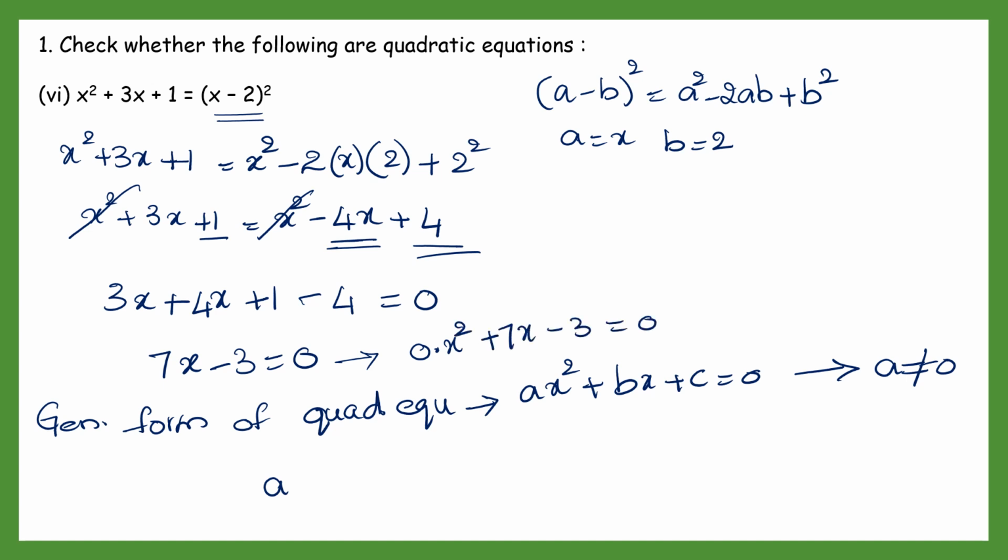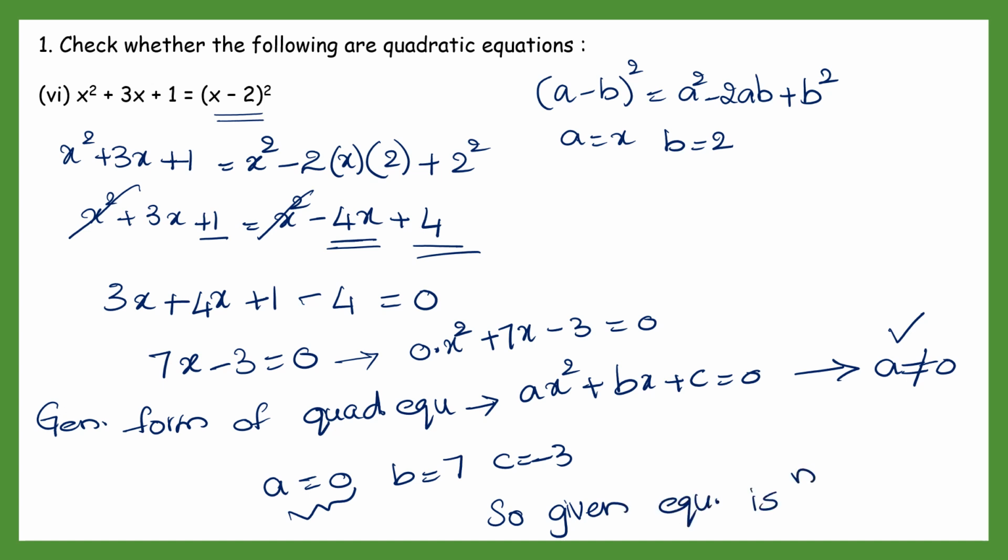This is our result. So you got a is equal to 0, b is equal to 7, c is equal to minus 3. According to the general form, we know that for a quadratic equation a should not be equal to 0. But in the result you got a is equal to 0. So the given equation is not a quadratic equation because you got a is equal to 0.